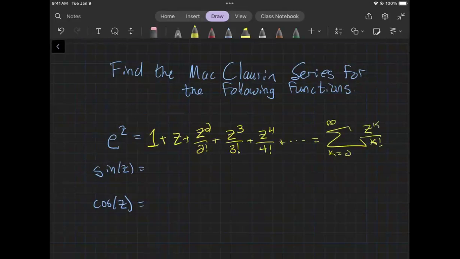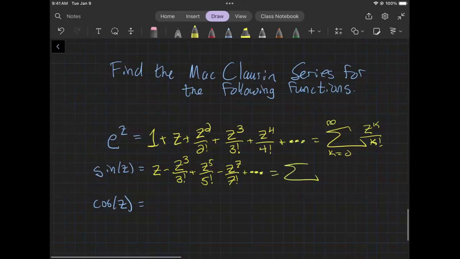Sine of z equals x minus, I'm sorry, I'm talking about complex numbers. z minus z cubed over 3 factorial plus z to the fifth over 5 factorial minus z to the seventh over 7 factorial, plus this keeps going, right?